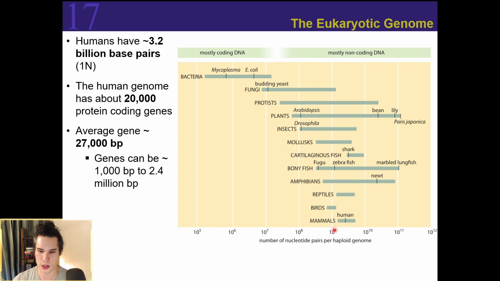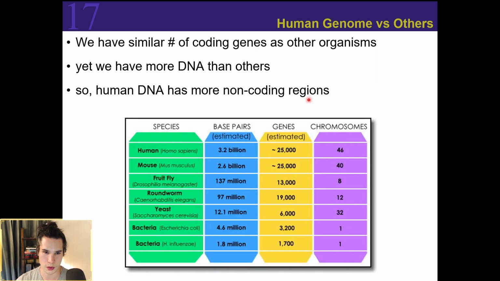Humans are between 10 to the 9th and 10 to the 10th over here. Now, humans have way more DNA than bacteria. However, bacteria's genome is going to be composed mostly of coding DNA, whereas a lot of our eukaryotes' genomes are going to consist mostly of non-coding DNA.